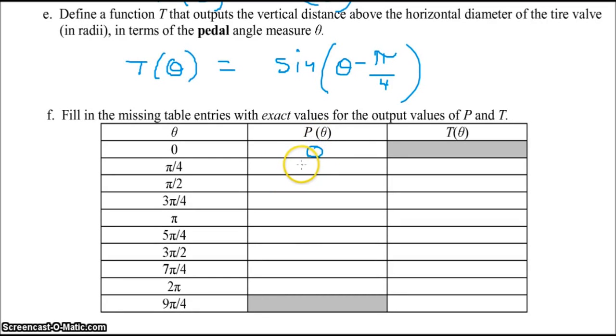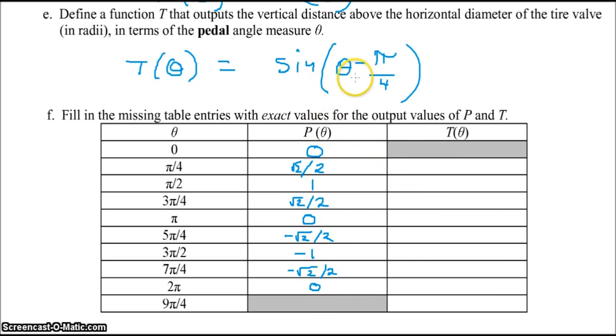Sine of pi over 4 is the square root of 2 divided by 2. Sine of pi over 2 is 1. Sine of 3 pi over 4 is the square root of 2 divided by 2. Sine of pi is 0. Sine of 5 pi over 4 is negative square root of 2 divided by 2. Sine of 3 pi over 2 is negative 1. Sine of 7 pi over 4 is negative square root of 2 divided by 2. Sine of 2 pi is 0.